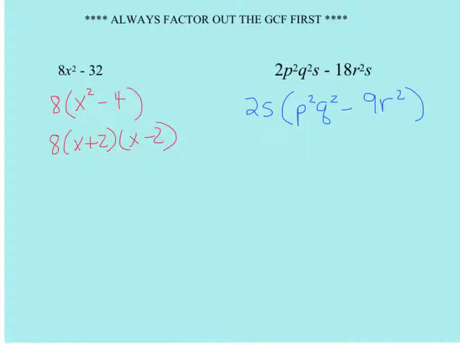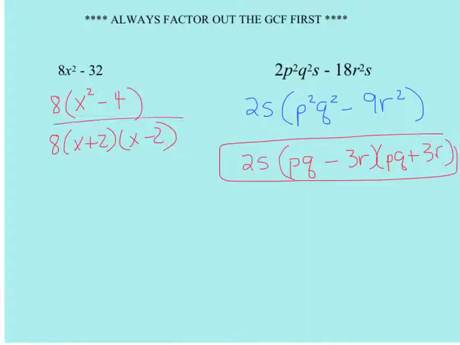When I take the square root of p squared q squared, that's just pq, because pq times pq is p squared q squared. The square root of 9r squared is 3r. I repeat that grouping with one being negative, one being positive, and don't forget your GCF out front. And that is how that one factors.